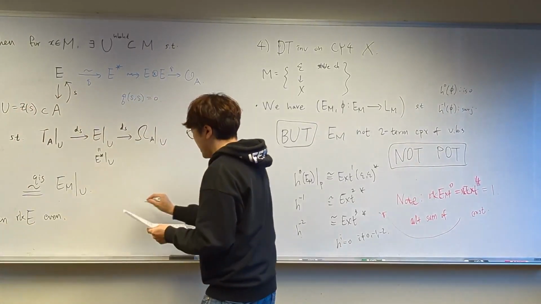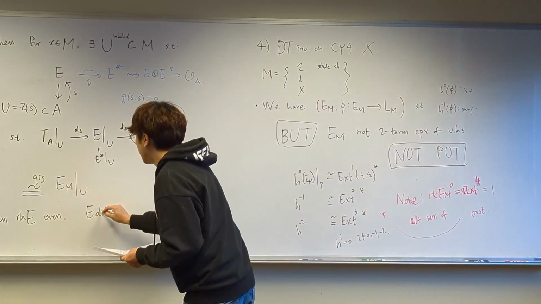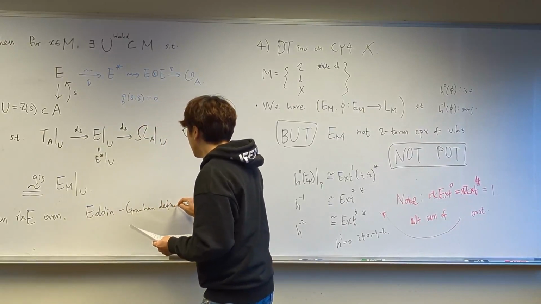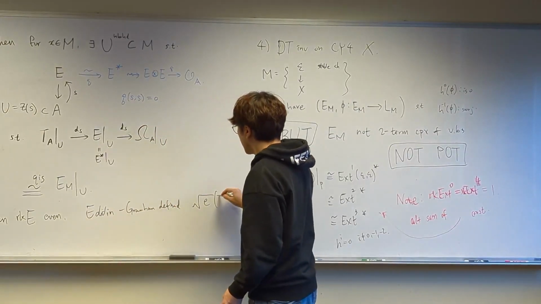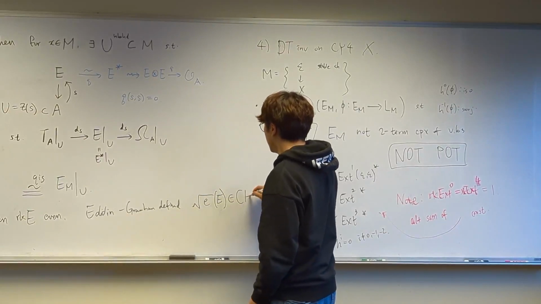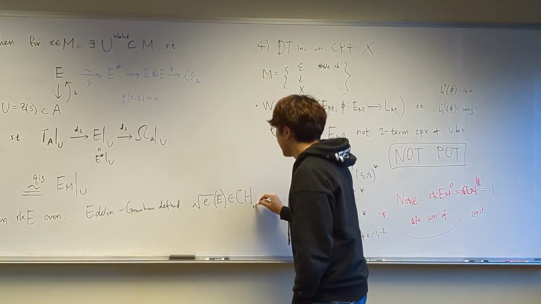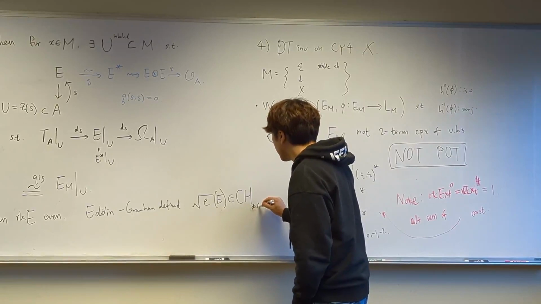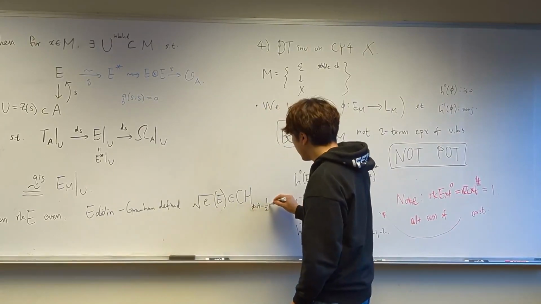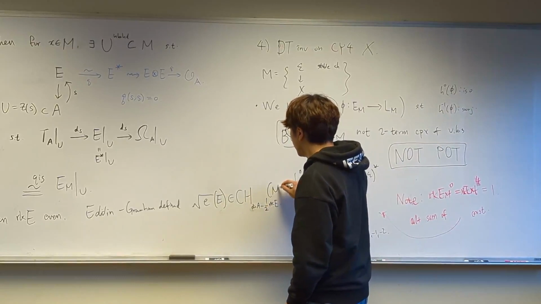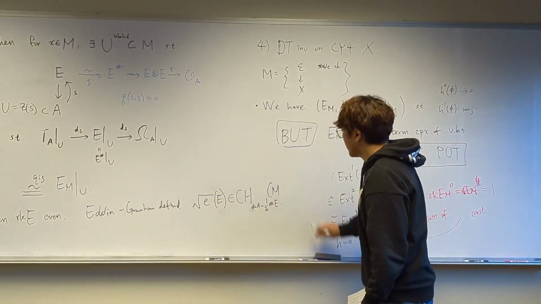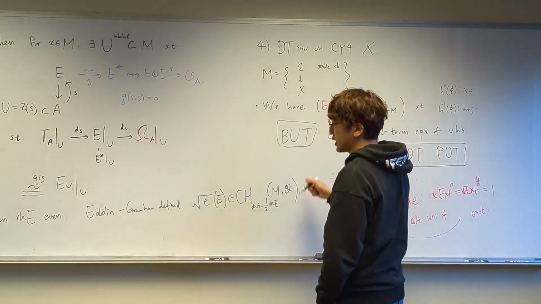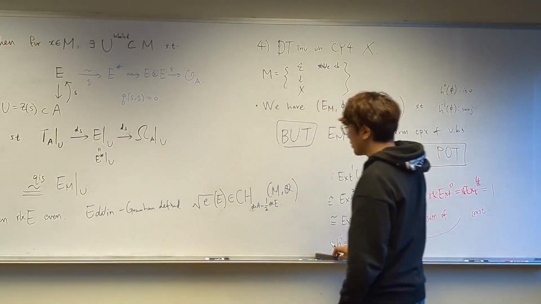We have the Edidin-Graham square root Euler class inside the Chow group of dimension dim A minus half rank of E. But we need some coefficient. Any ring containing 1/2 is fine, but for convenience, I just use Q.